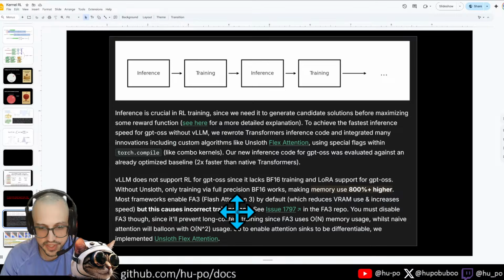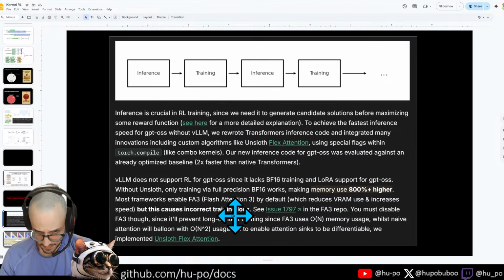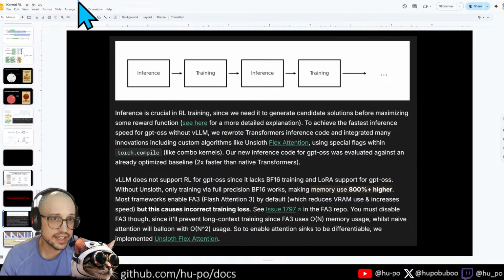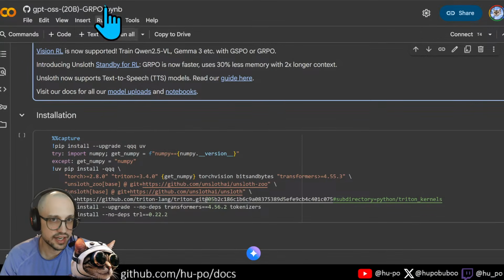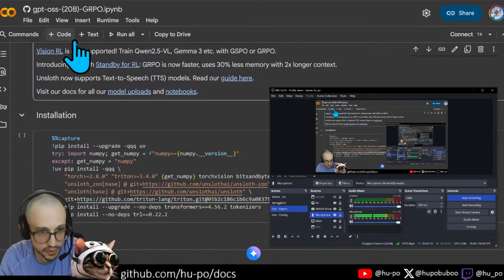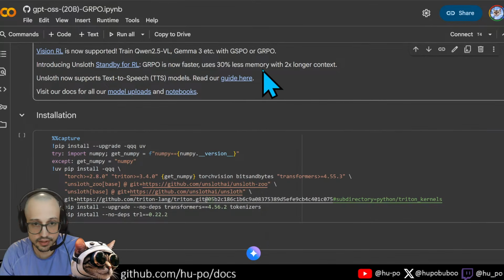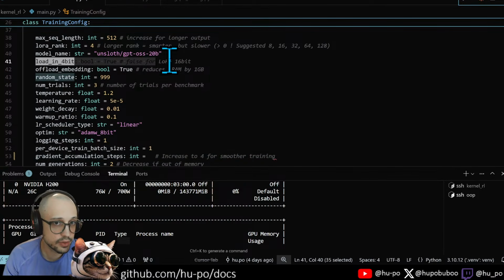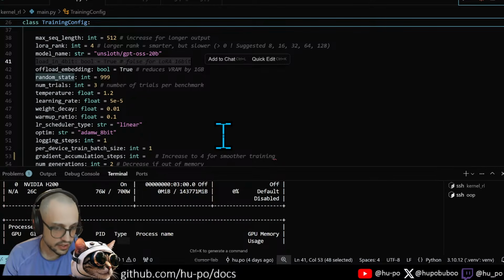But with Unsloth, what they did is they allowed training with the model quantized. So what the fuck does that actually mean? What that means is that this here, load in 4-bit, right?